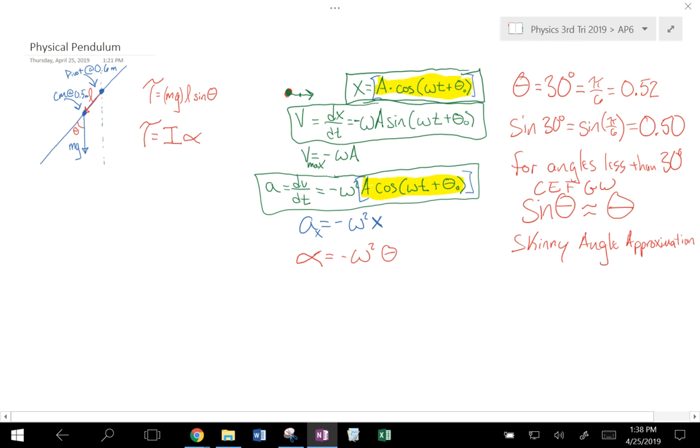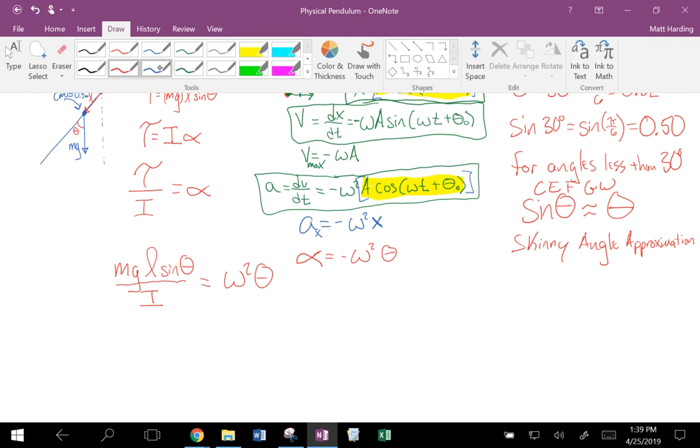Now, I point that out to you because what I'm going to do over here is I'm going to take torque and divide it by the moment of inertia, and that equals alpha. So in other words, mgL sine theta divided by I equals omega squared theta.